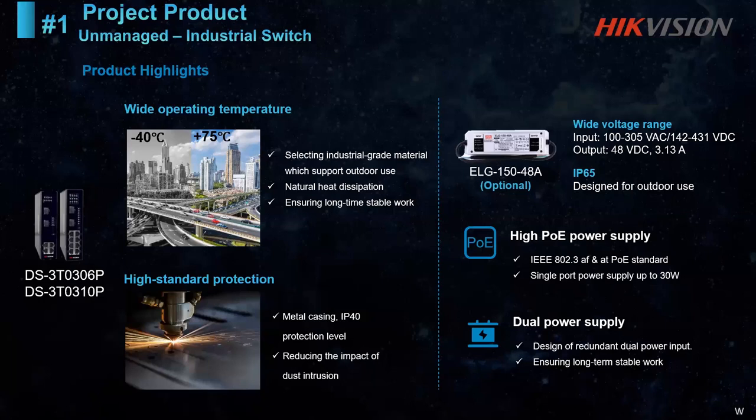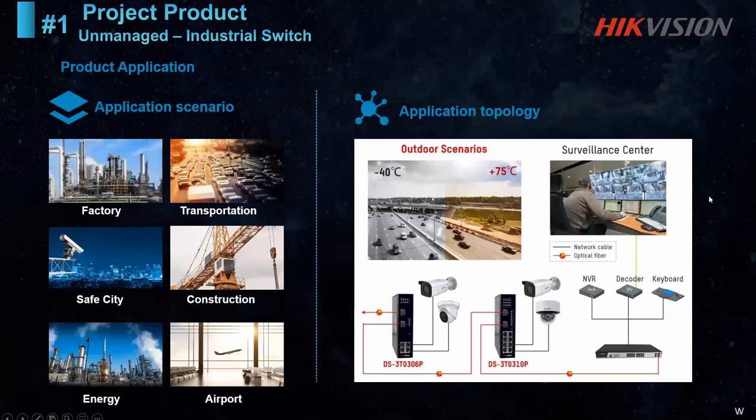Yeah, actually, this power supply has a wide voltage input range from 100 to 305 AC volts. So even at very fluctuating levels, it will give a proper output to the switch at 48 DC volts. So it is a great power supply to use in outdoor applications as well as voltage fluctuation situations.